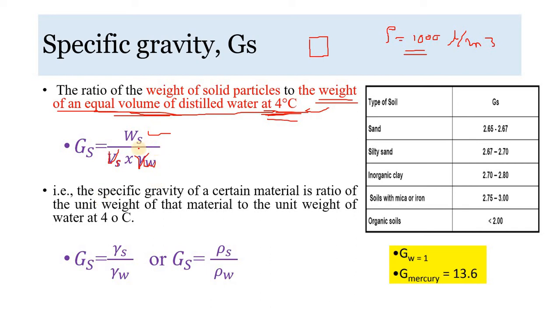Okay, so unit weight of soil is denoted by gamma s, as we know from the last formula, and this unit weight of water, the ratio, is called specific gravity.